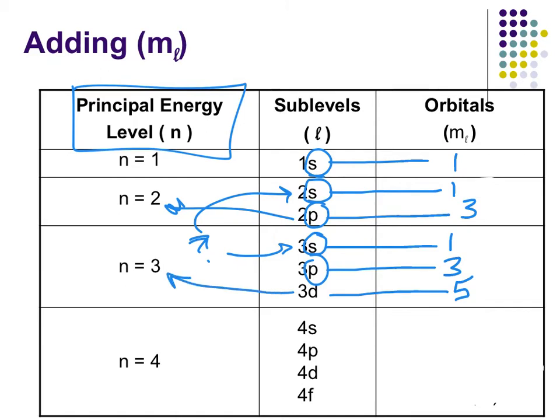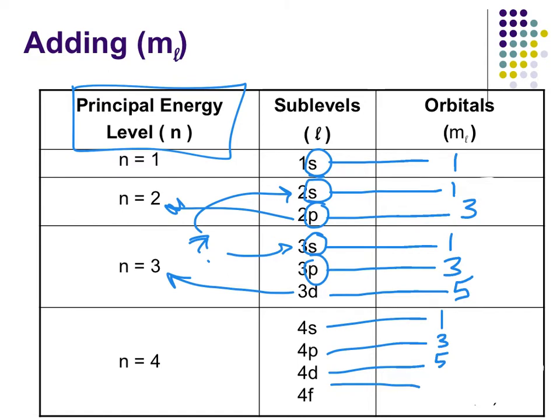Let's see if you can do this orbital count for energy level 4. How many s orbitals? How many p? How many d? How many f? S always comes as 1, p is 3, d comes as 5.